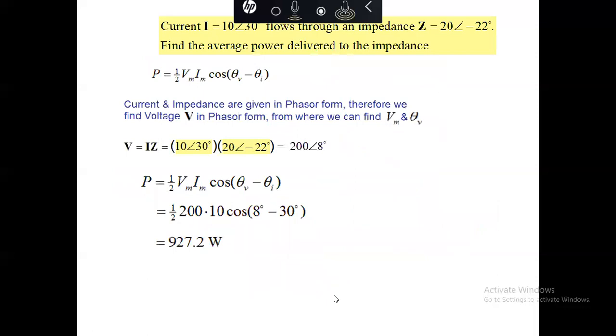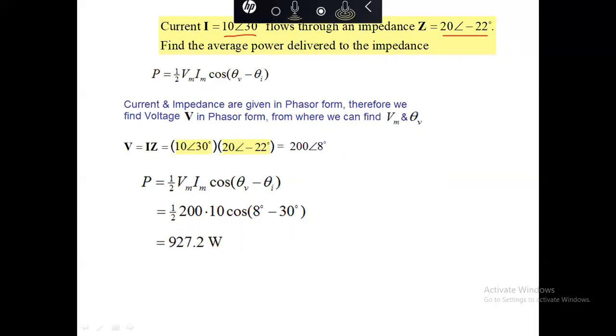So now we consider an impedance. For example, the impedance of the network is 20 at the angle of minus 22 degrees, and the current supplied to the network is 10 at the angle of 30 degrees. So first we calculate the voltage across this impedance.